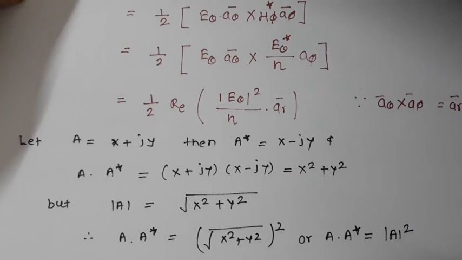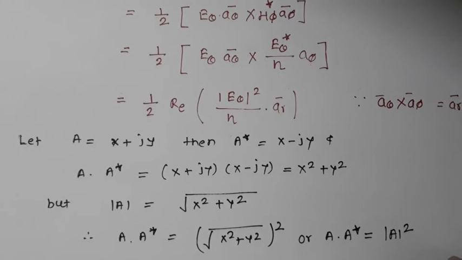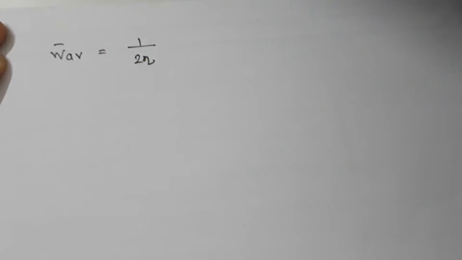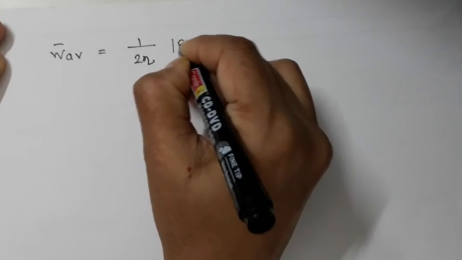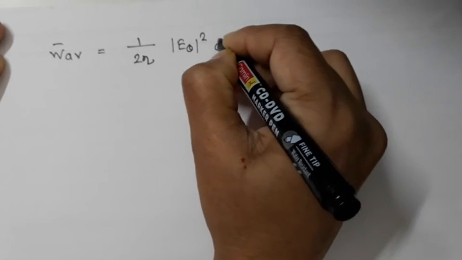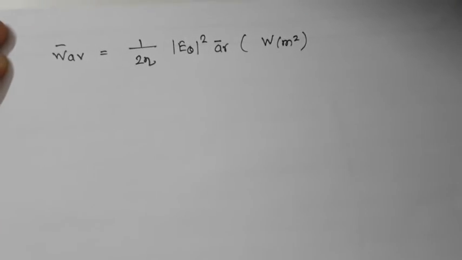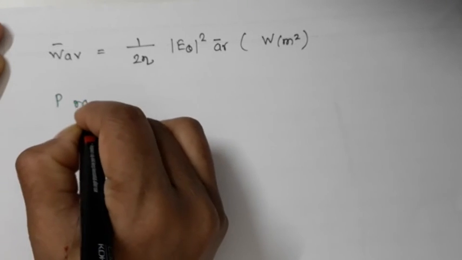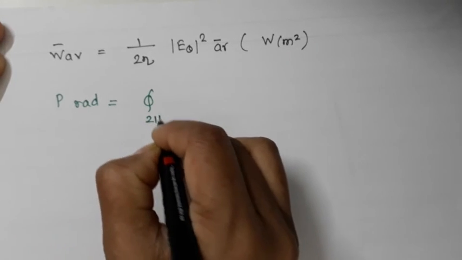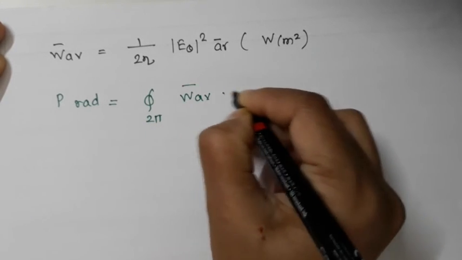Okay, so putting those things in the equation, we can write W average is equal to 1/2 E theta square over eta, a r, watts per meter square. So the power radiated is obtained by integrating W average over the closed surface. I can write P radiated is equal to the surface integration of this power density with respect to ds.